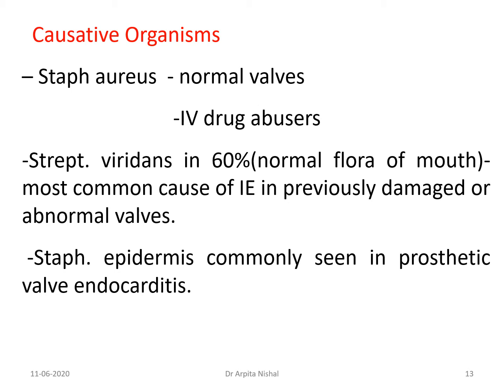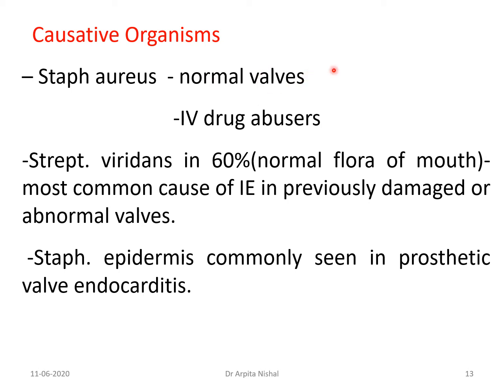So which are the organisms? It is the Staph aureus, which we know is a virulent organism normally found on the skin. So its normal flora is on the skin, but it is highly virulent and it can cause infection of normal valves.